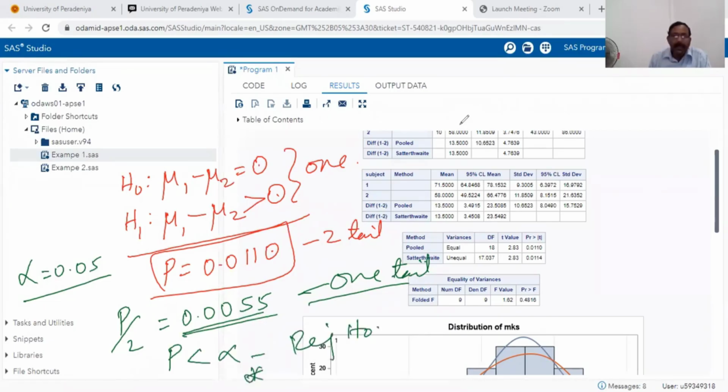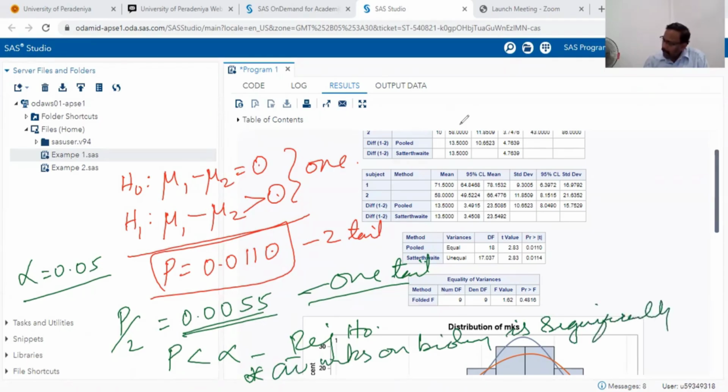So our conclusion is, we could say on an average, the average marks on biology is significantly higher than the average marks of mathematics.